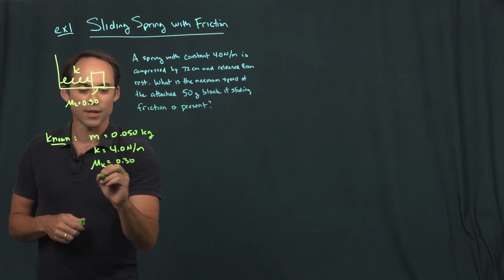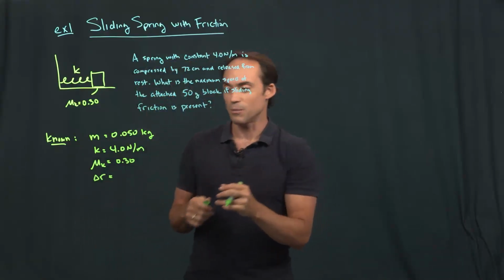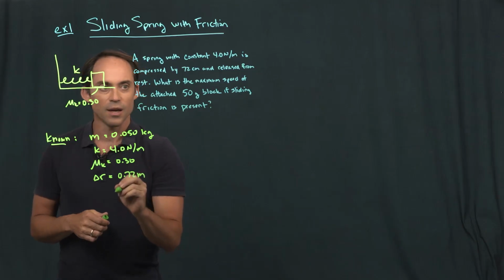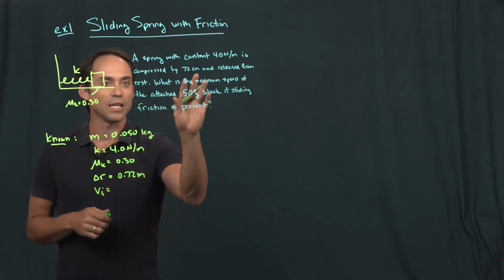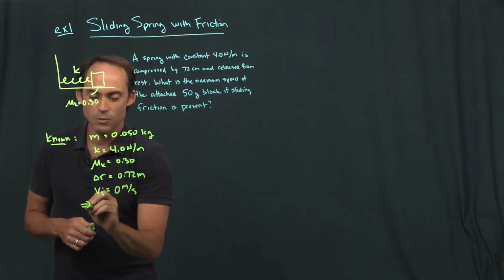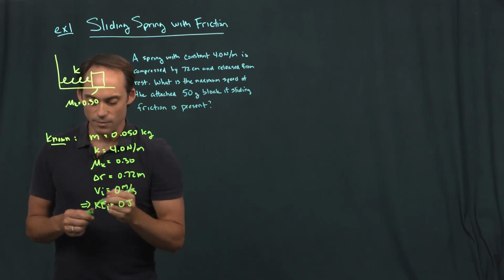We're also given that the total displacement, which is really the displacement in which the block is compressed, is 0.72 meters. And we're also told that the initial speed, because the object is released from rest, is 0 meters per second, which means that the initial kinetic energy is also 0 as well.